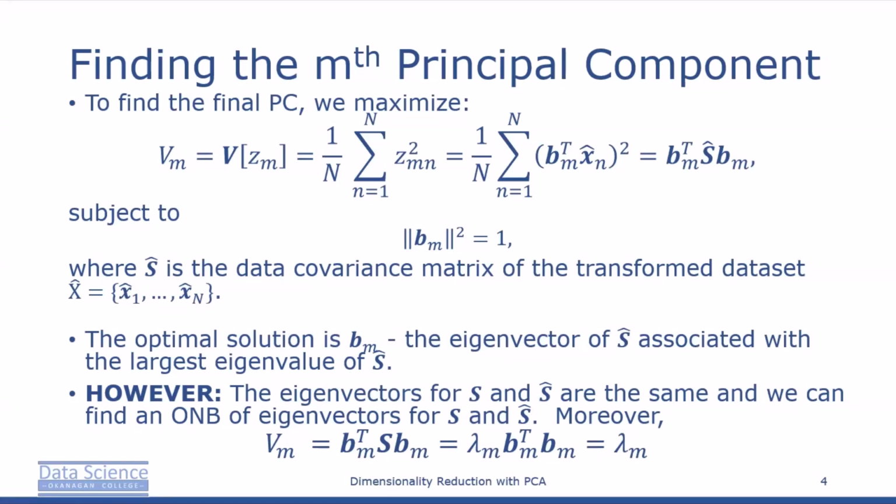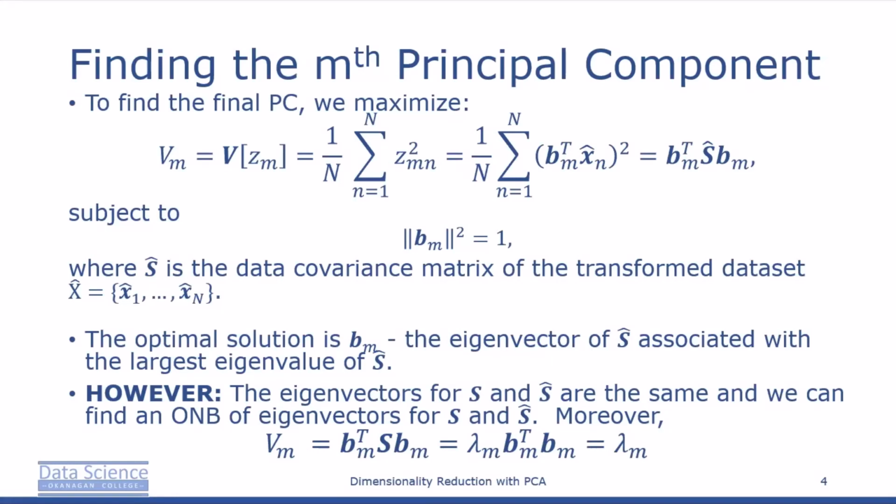It turns out then that bm is also an eigenvector of S. More generally, the eigenvectors for S and S hat are identical, and we can find an orthonormal basis of eigenvectors for S and S hat. In fact, Vm is equal to bm transpose S bm, which is lambda m bm transpose bm, or lambda m.